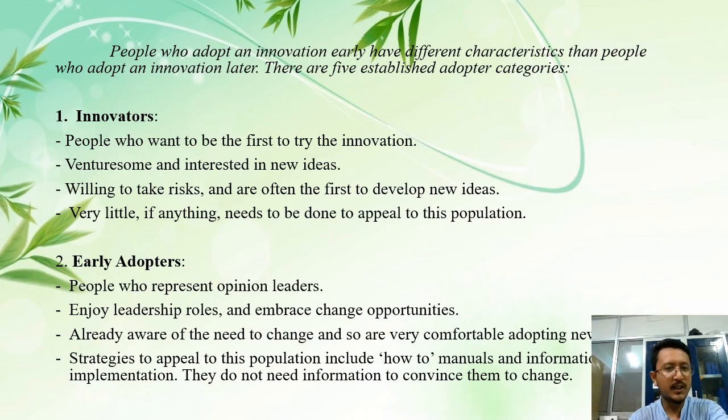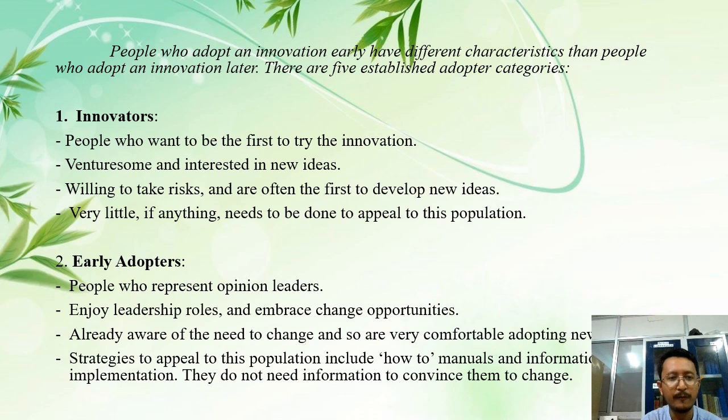Now, this theory further states that people who adopt an innovation early have different characteristics than people who adopt an innovation later, right? Now, these stages are categorized into five types: innovators, early adopters, early majority, late majority, and laggards. Now, let us look at what it means. Innovators. Who are these innovators?